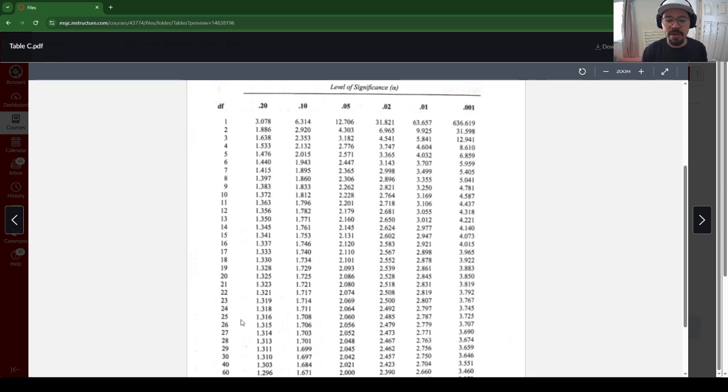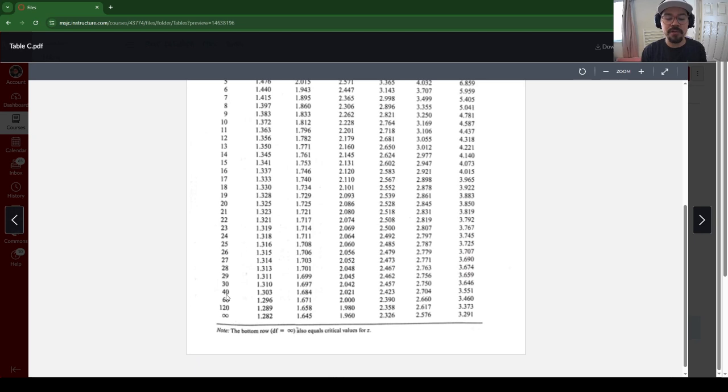After 30, however, notice that there's a jump from 30 to 40. So we skip 10. From 40 to 60, we skipped 20. From 60 to 120, we skipped another 60. The reason that as we move further and further up this degrees of freedom is because of the central limit theorem that says that the more samples we can take, the more likely we actually are witnessing a normal distribution.